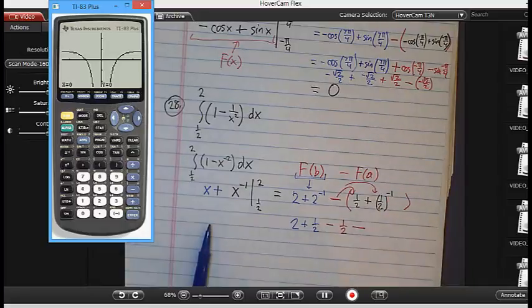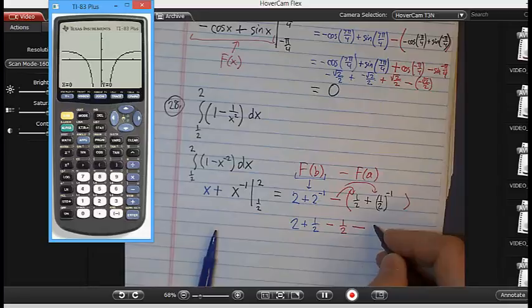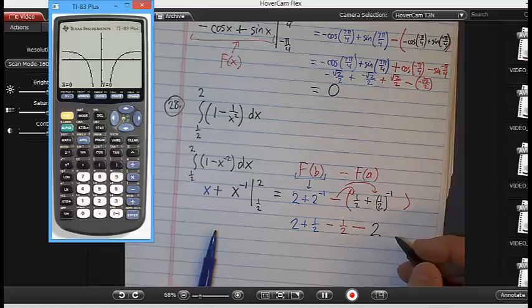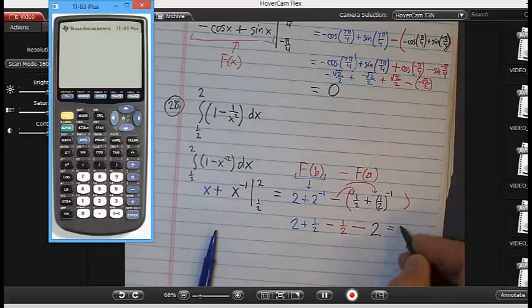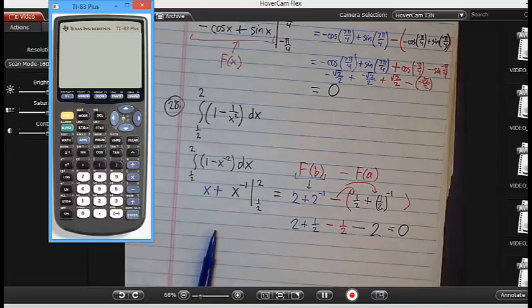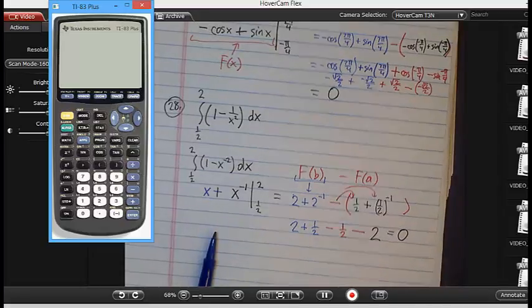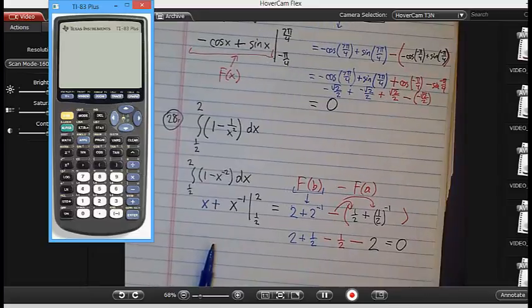What's 1/2 to the negative first power? 2. You got to be kidding me. 2 plus 1/2 minus 1/2 minus 2. What's that equal? 0 again? What? All right, let's look at the picture and see if we believe that that's what the answer should be.